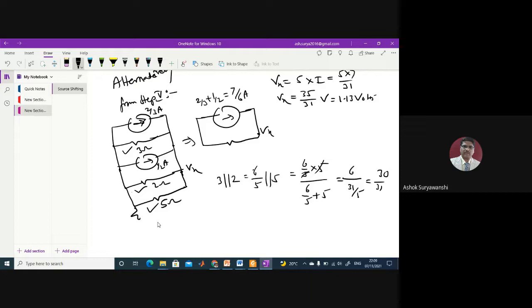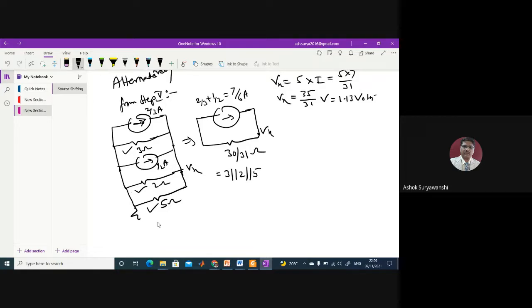So that is 30 by 31. The value of the parallel combination of the three resistors is coming to be 30 by 31 ohms, which is 3 parallel to 2 parallel to 5.